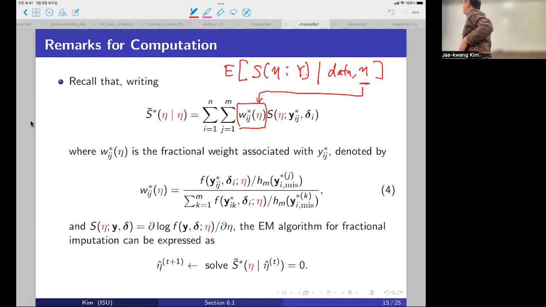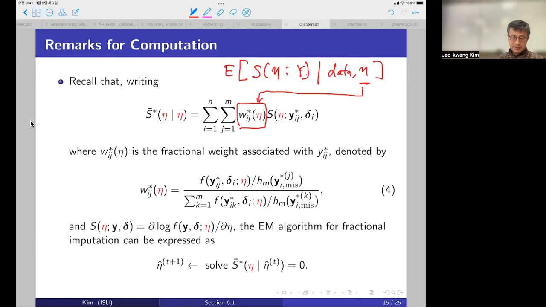So if you write it this way, you can clearly see that we have two different roles in computing the conditional expectation. Here this eta is the original eta in the score function, and this eta is reflected in constructing the fractional imputation, which is used to compute the conditional expectation, right?